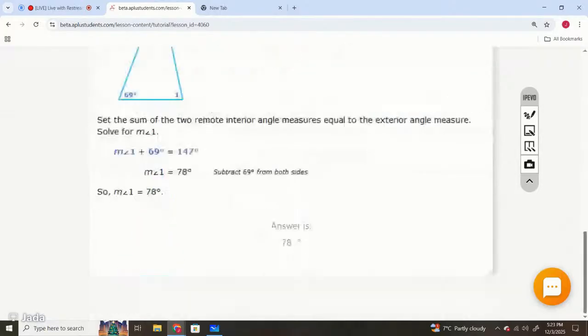So angle 1 equals 78 degrees. Yes, that is 78 degrees.